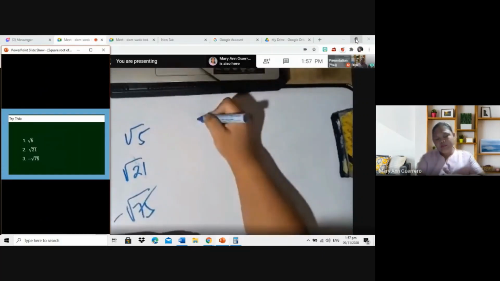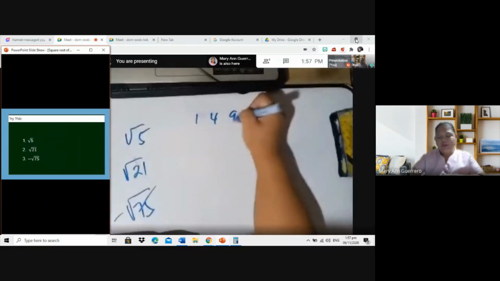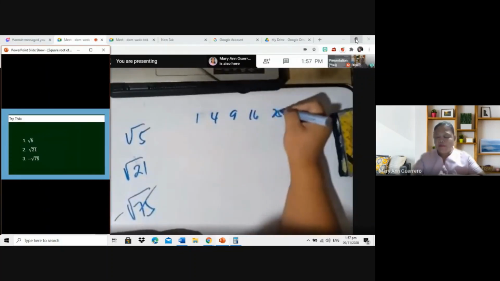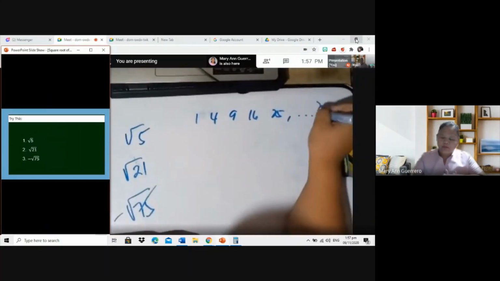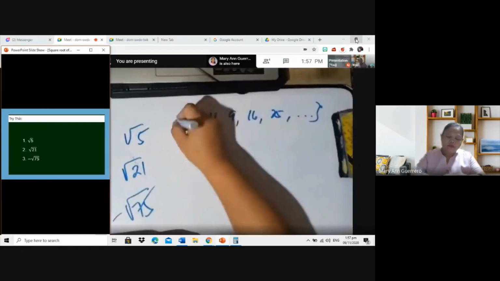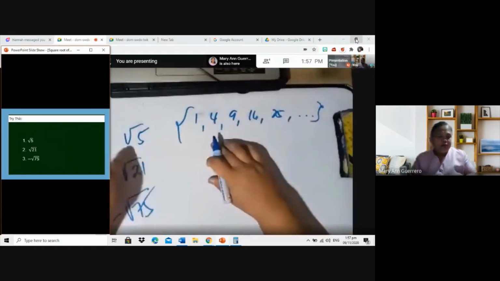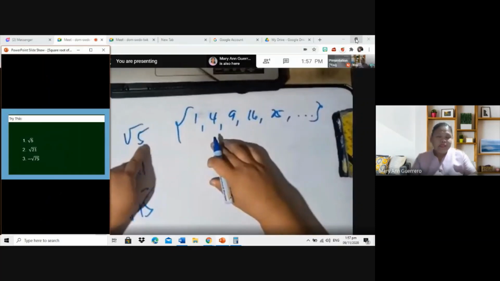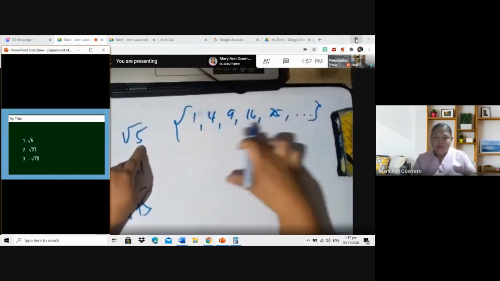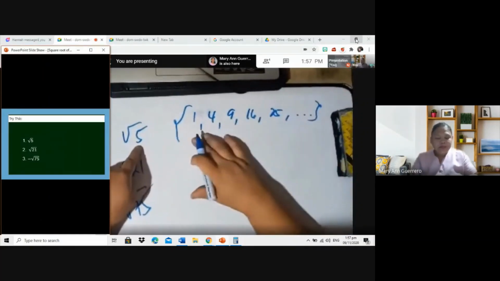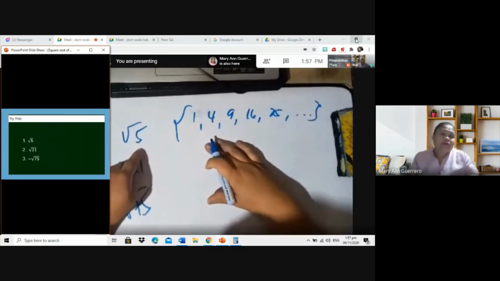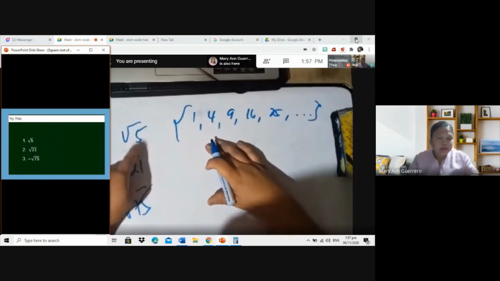Perfect square natin, ulit-ulitin natin, 1, 4, 9, 16, 25, and so on. Okay. So, square root of 5. 5 is not a perfect square. Okay. So, since 5 is not a perfect square, we cannot get the exact value of 5.